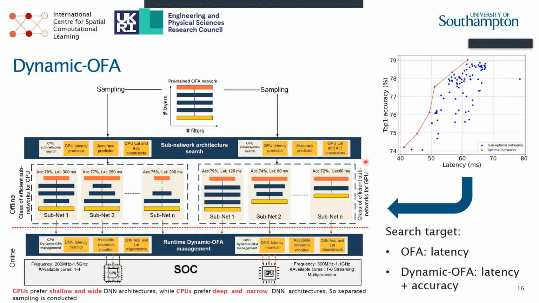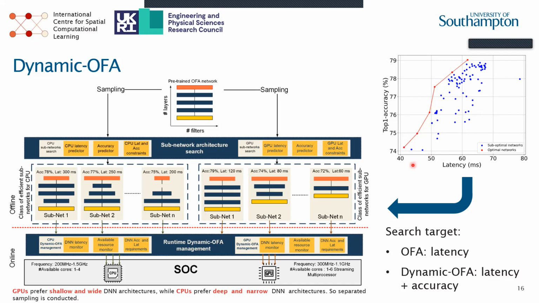As you can see here, this is the sampling figure. The original Once-for-All search algorithm only uses latency as the target. So if you set the latency to be 60 milliseconds without setting an accuracy target, then the point you get tends to be this point. These are easy-to-find points.